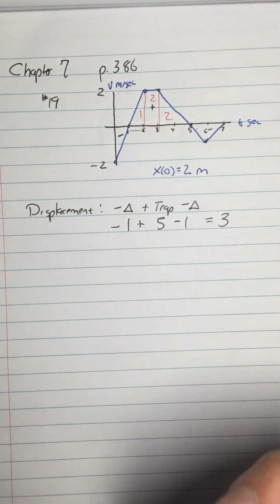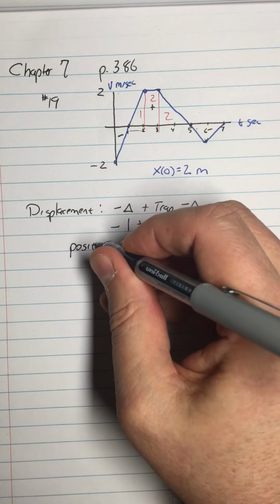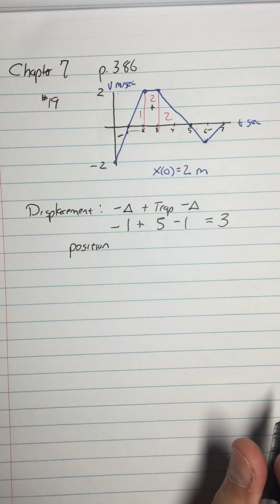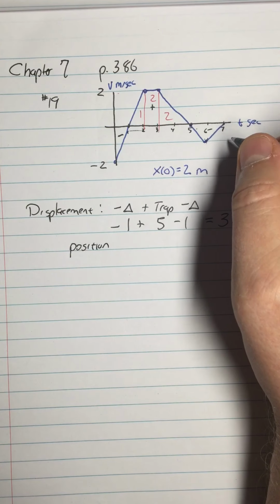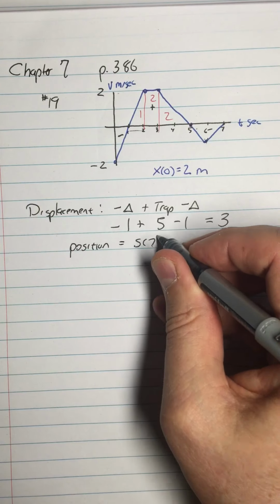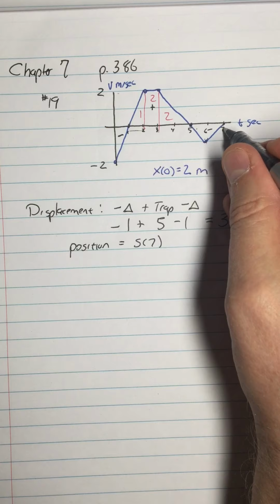Okay, so that means the question, where is it? The position, we don't know how much time this took, do we? Oh no, this is time in seconds. So the position, we could say, s of 7 is the position, because it's the position at time t equals 7. This is t, this is 7.